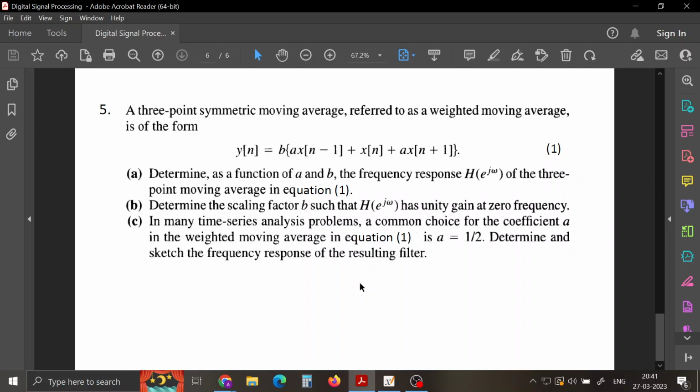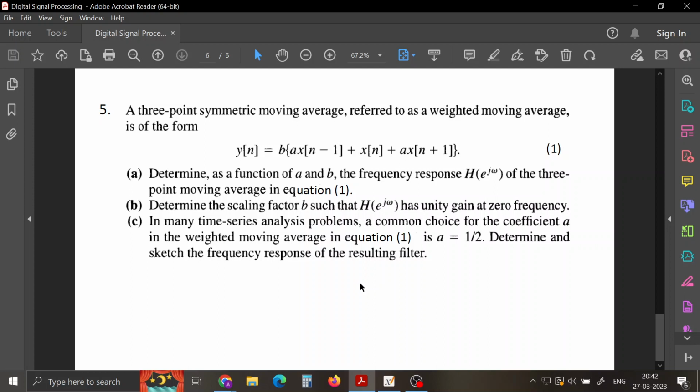In the first part we have to find the frequency response H of e power j omega as a function of a and b. Equation 1 shows the input output relation. All you need to do for finding H of e power j omega is take the DTFT on both sides.